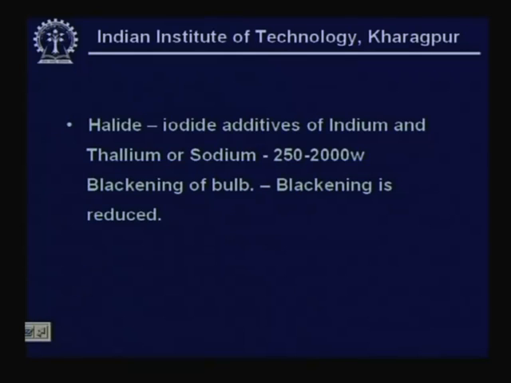Now, these are basically high energy incandescent lamps which are used for flood lighting, and we do find that there is a risk of blackening of the envelope because of evaporation of the filament, and that's reduced if you have these halides, because they react with the vapor that's available and as a result absorb the heat and they get condensed, and in the process they get redeposited in the filament.